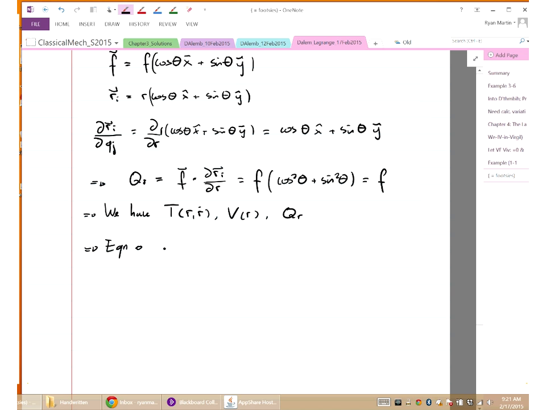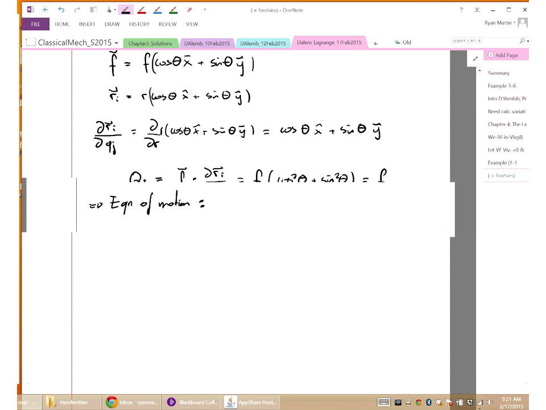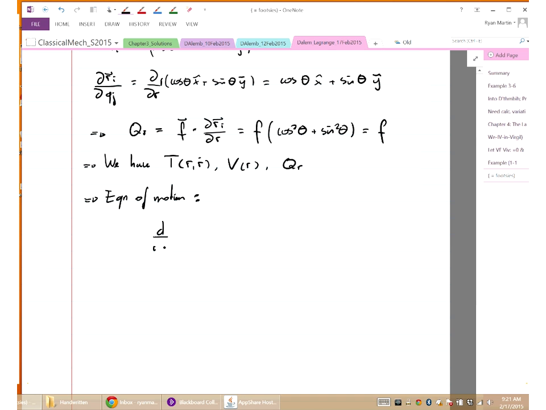Let's put this into our equation of motion. Remember, our equation of motion was that d/dt of ∂L/∂R dot minus ∂L/∂R equals Q_j for the non-conservative forces. Or in this case, I guess we're calling it Q_R.